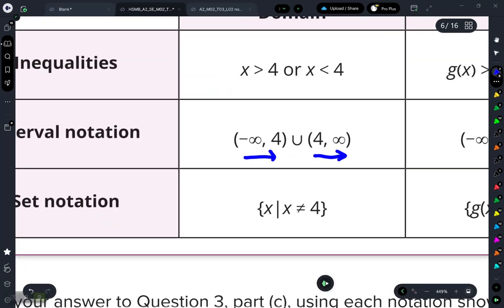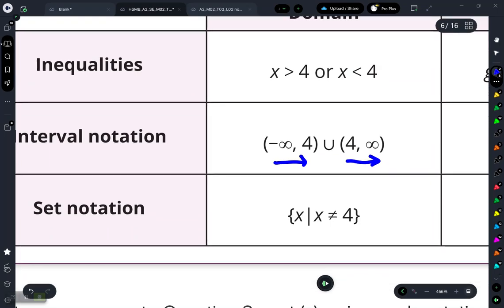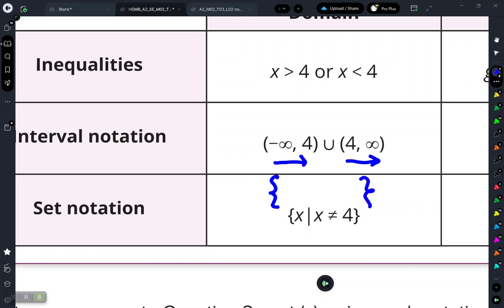And with set notation, this set notation uses these little curly braces. We read it: all x such that x is not equal to 4.